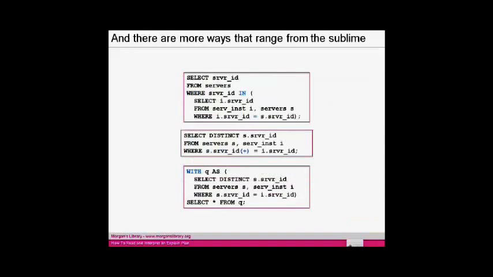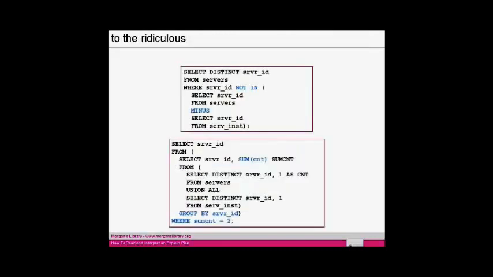Here are a couple of other ones that I've produced over the years. These are sort of the, can I make it a little more obscure or a little more difficult to retrieve those same 11 rows? And then I wrote a couple that I intentionally made the most obnoxious and difficult statements I could possibly write that would in fact still produce the 11 rows.